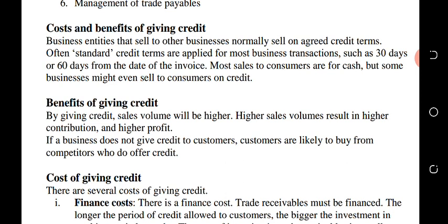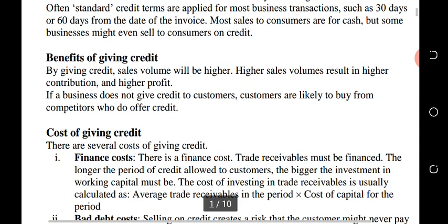So on the invoice, at the footer or the header, the company states the credit limit, the period in which the debtors or trade receivables must pay the invoice value.